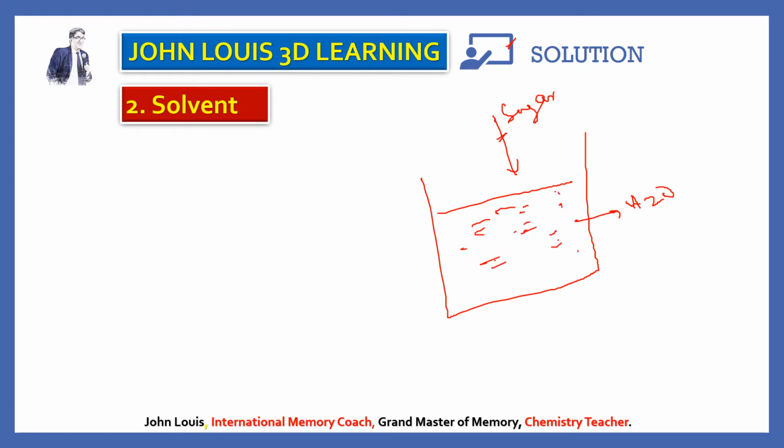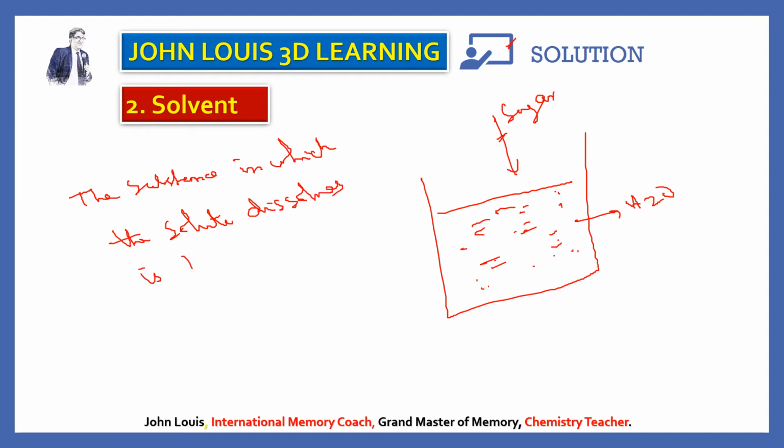In which substance does it dissolve? Sugar dissolves in water. Therefore, the substance in which the solute dissolves is known as solvent. So what is a solvent? The substance in which the solute dissolves is known as solvent.